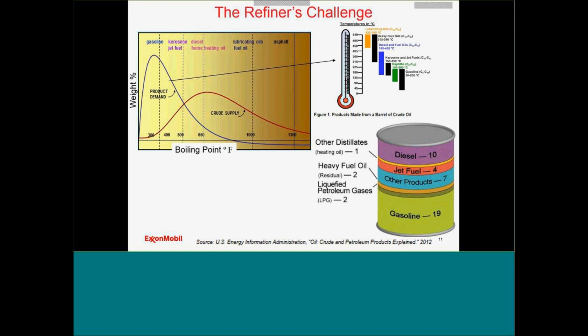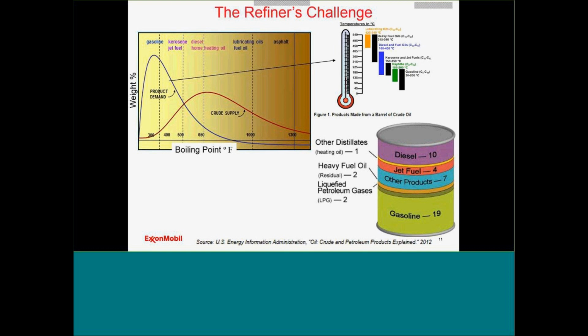You can see that the distillation curve of a typical crude oil, denoted by the red curve to the left, represents hydrocarbons that are actually much heavier than the distillation curve that corresponds to the petroleum substance demand, denoted by the blue curve.